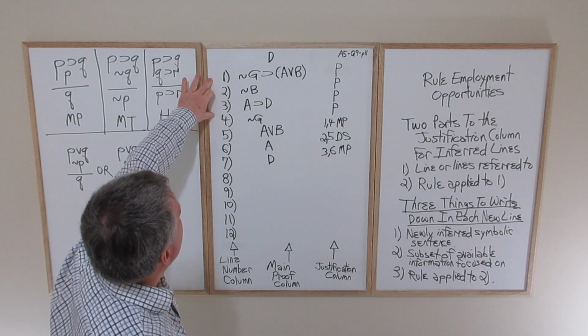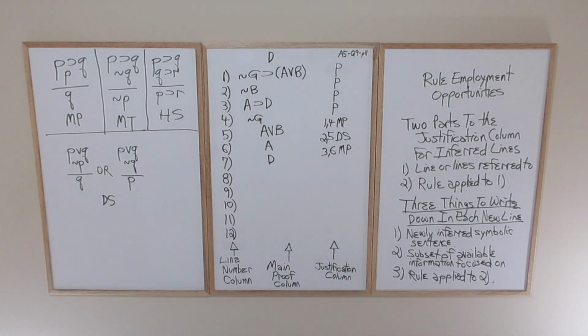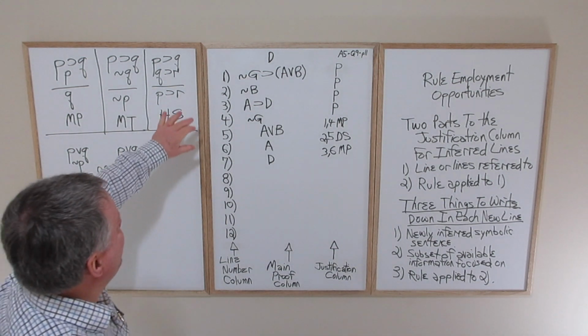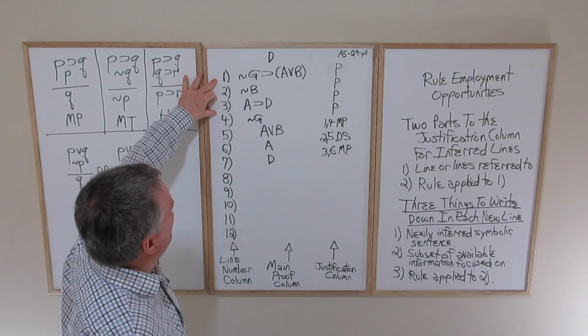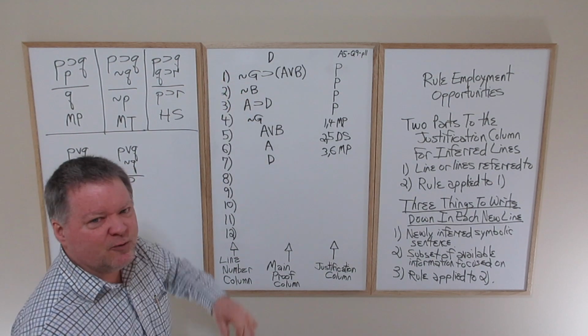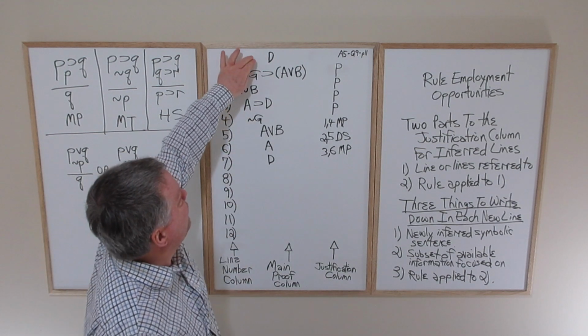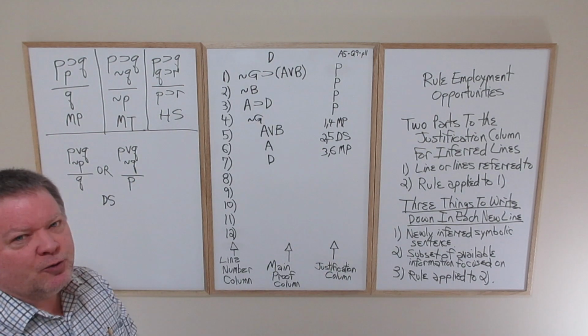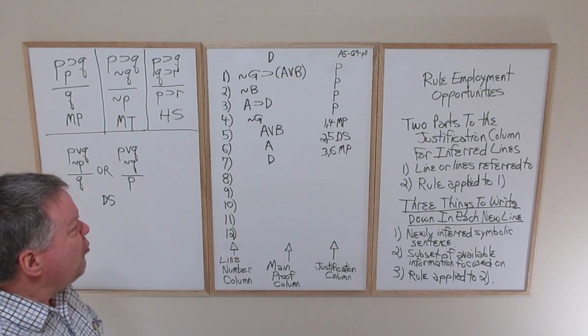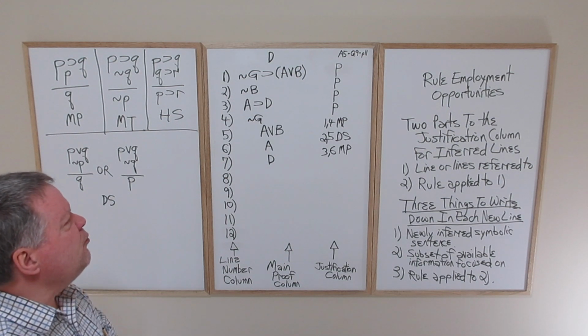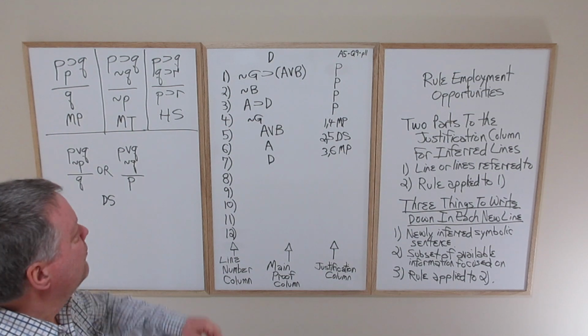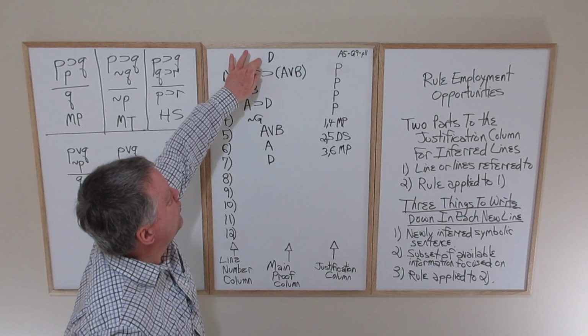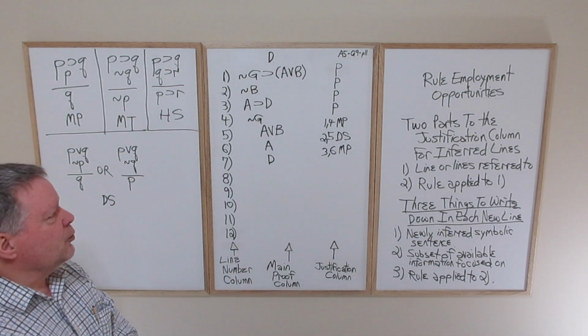Just by looking at lines 1, 2, 3, and 4, you probably can't tell with certainty that if this information is all true, it's impossible for D to not also be true. Now we can construct a proof that that's so. If these 4 lines are true, D must also be true.